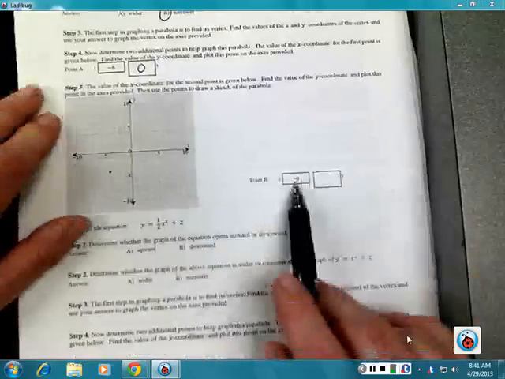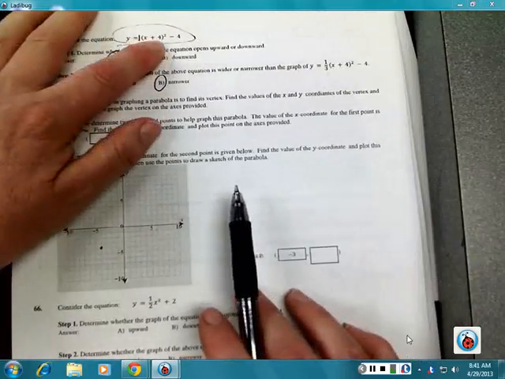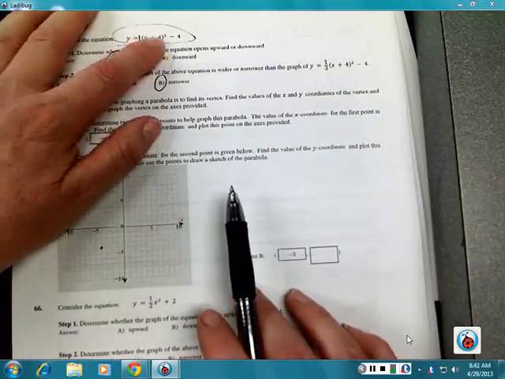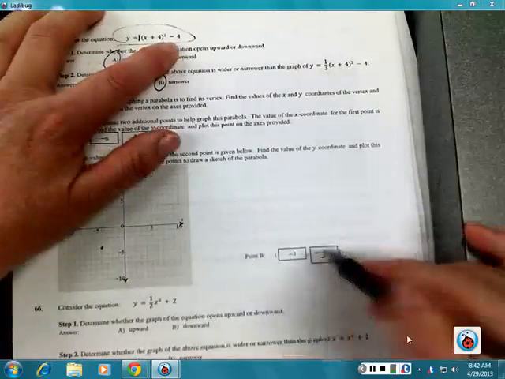And then if I plug in my other point, -3, -3 plus 4 is a positive 1. 1 times 1 is 1, times 1 is 1. 1 minus 4 is a -3.